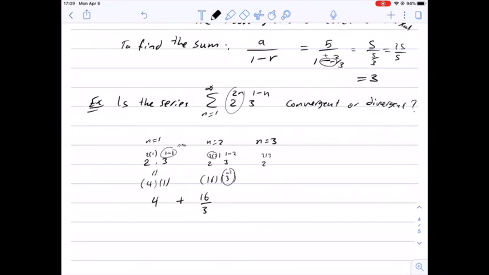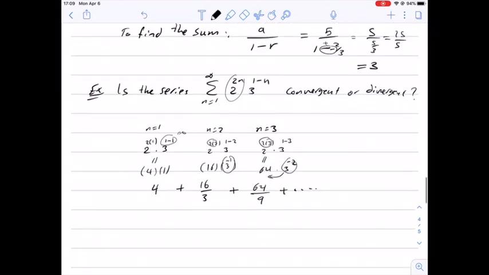When n equals 3, we have 2 to the power 2 times 3, times 3 to the power 1 minus 3. 2 times 3 is 6, 2 to the power 6 is 64, times 3 to the power negative 2, and we bring this down. This becomes 64 over 9, and so on.